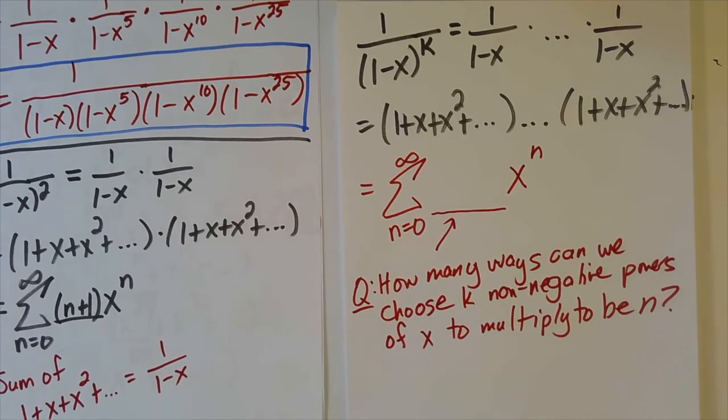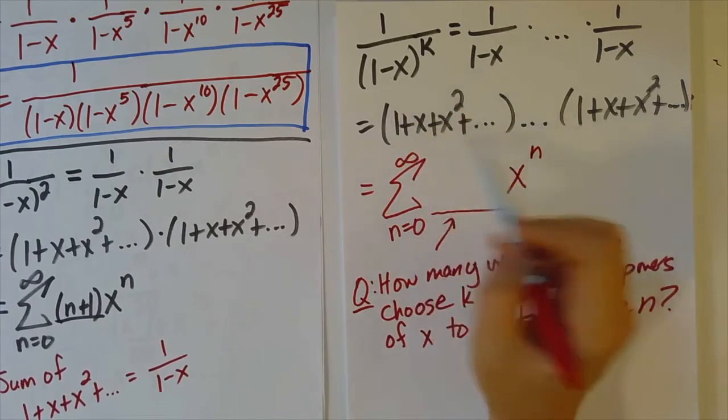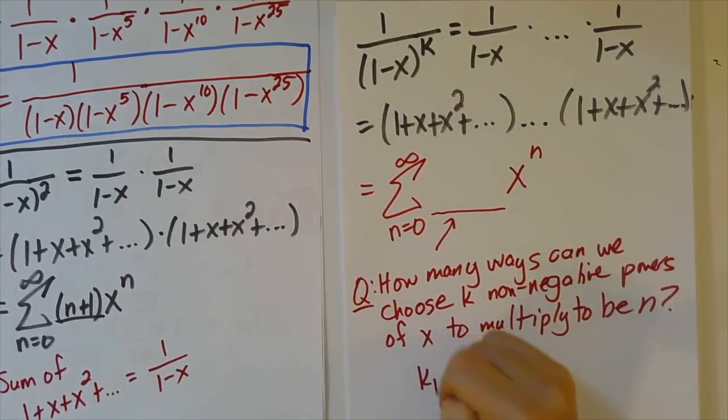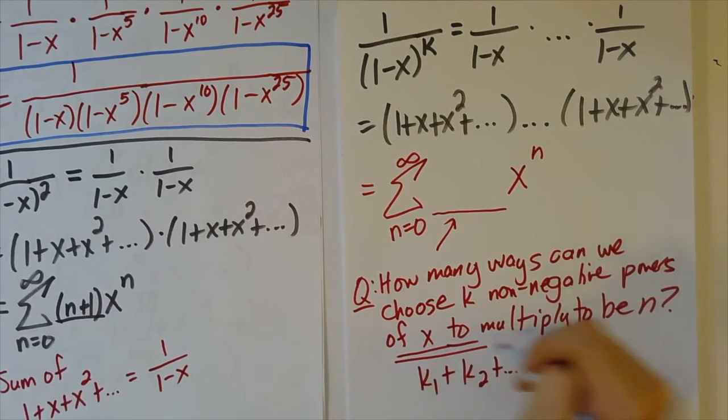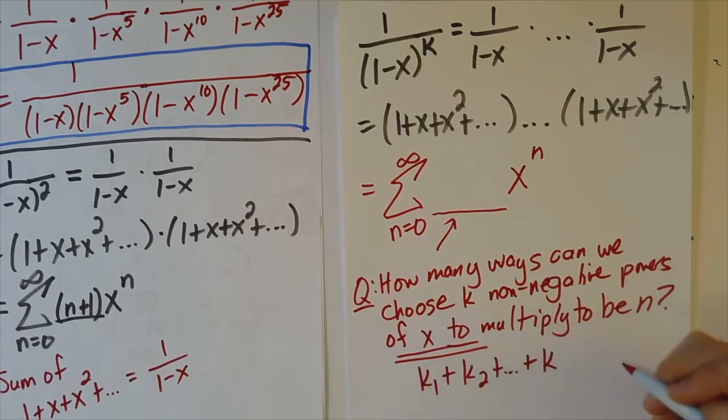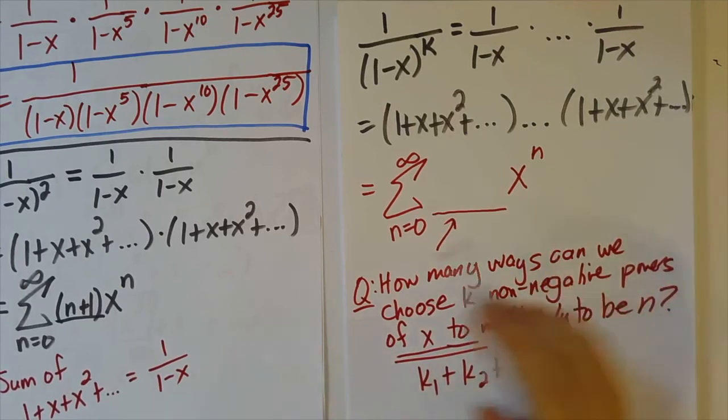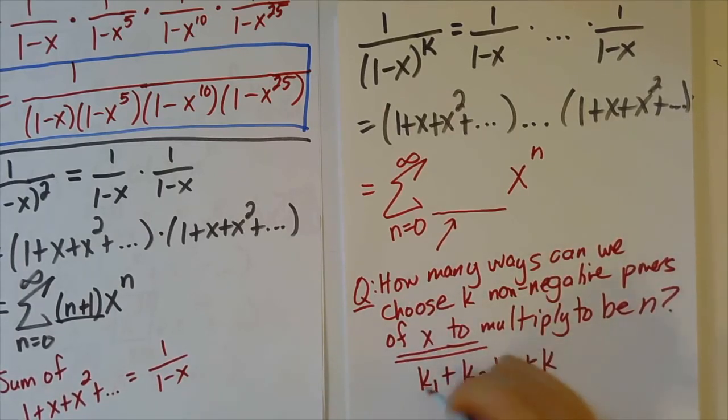Or really, what this is saying is if I say the one I choose from the first is k1, and then the one I choose from the second is k2, this is really saying how many ways are there. Oh, k was a terrible letter to choose. Sorry, instead of k, we're going to make these r's.